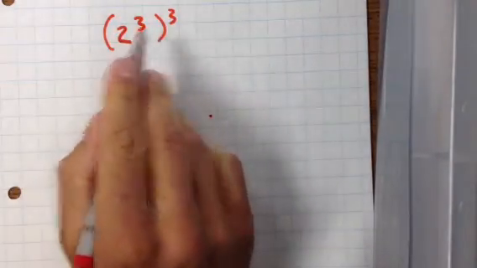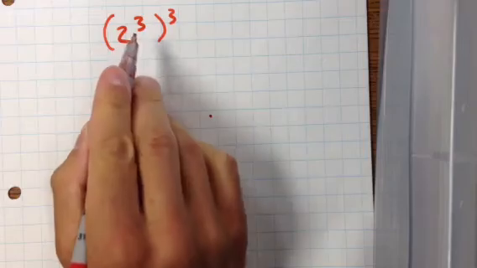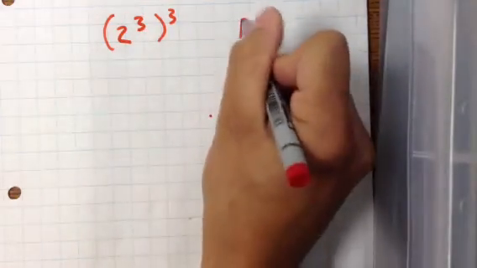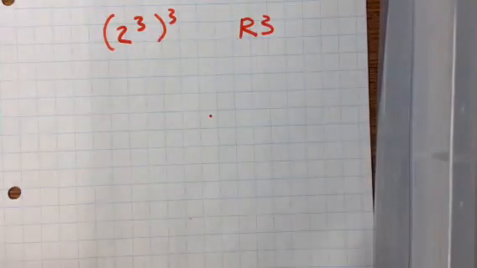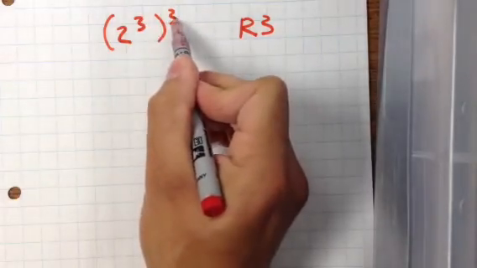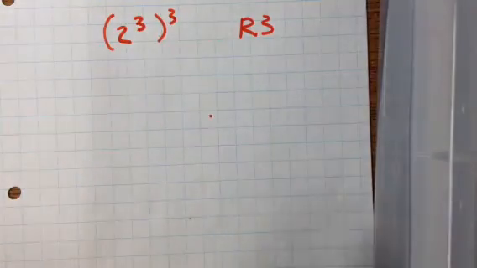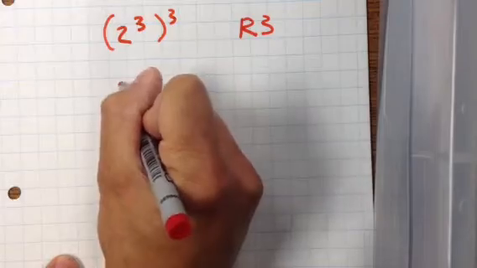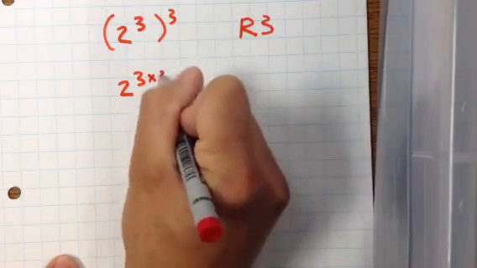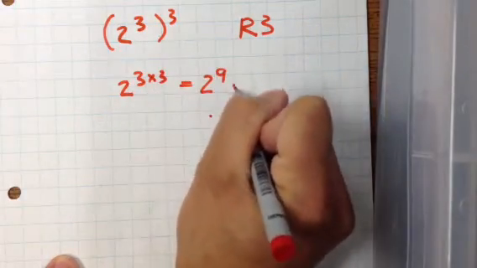So you ask yourself, which rule am I using? Rule 1, Rule 2, or Rule 3? We're going to be using Rule 3 because we're raising a power to a power, or an exponent to an exponent. Okay, so you would just use your shortcut, multiply it out, 2 to the 9, done.